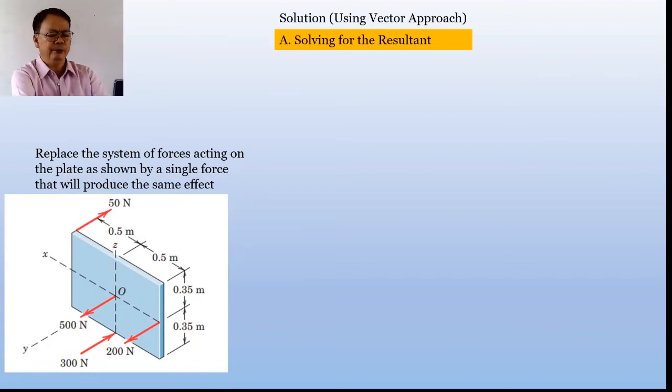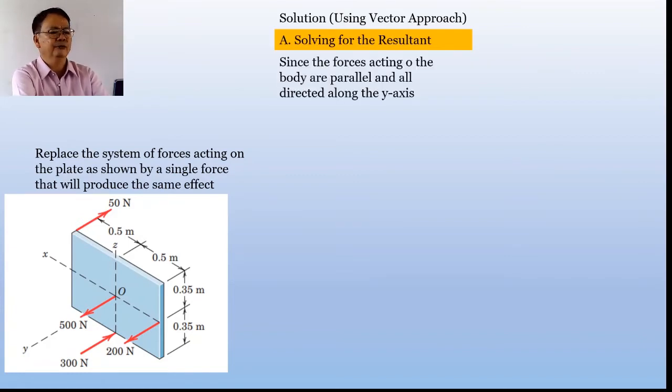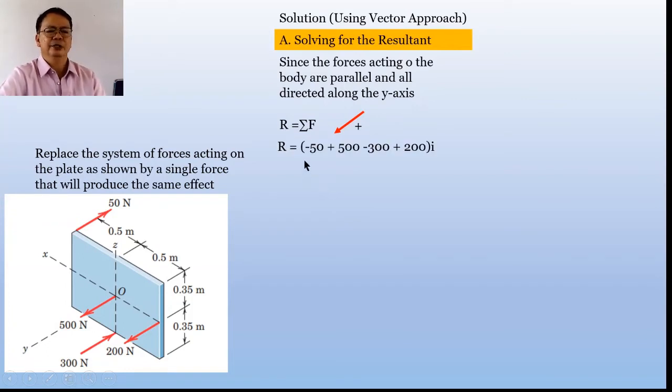Now, we will be solving for the resultant of the force. Since the forces acting on the body are parallel and all are directed along the y-axis, then the resultant will just be taken as the summation of all the forces acting in that direction. If we will be taking the direction of the positive y-axis as the positive direction of the force, meaning all those forces that are directed in this direction should be positive, because here is the direction of the positive y-axis.